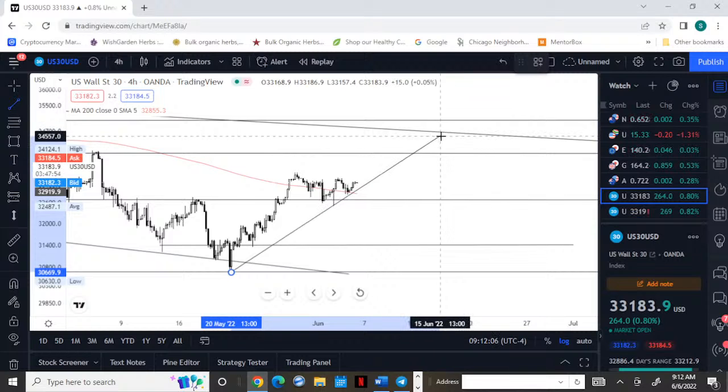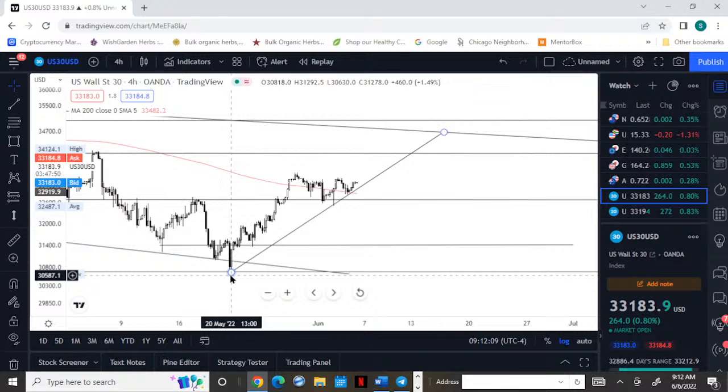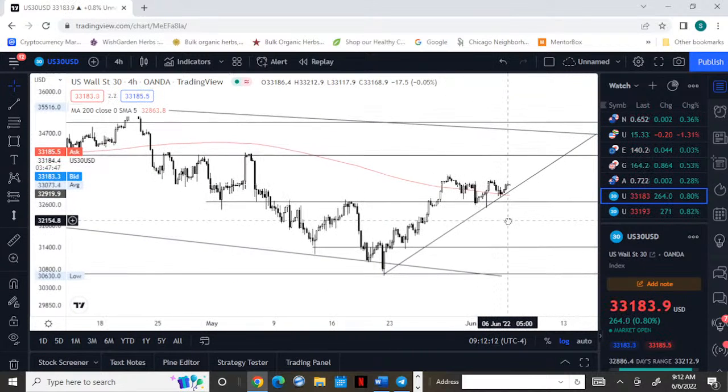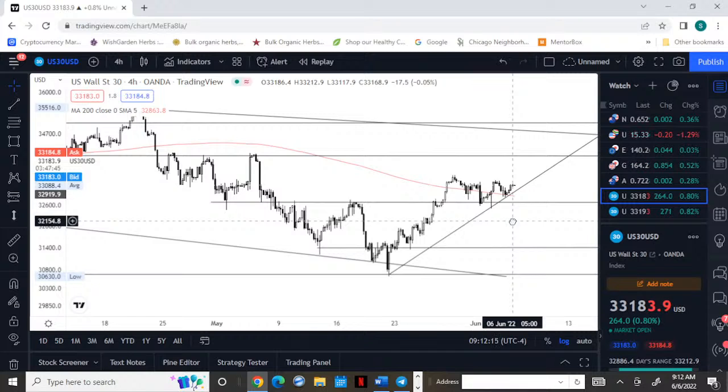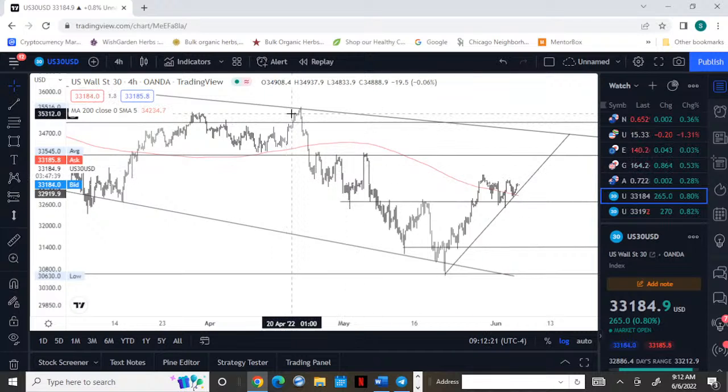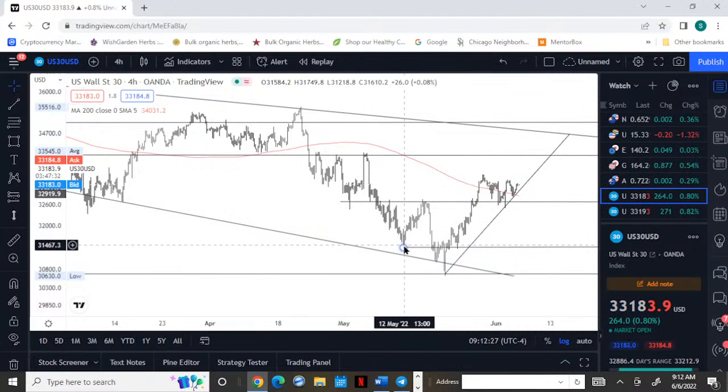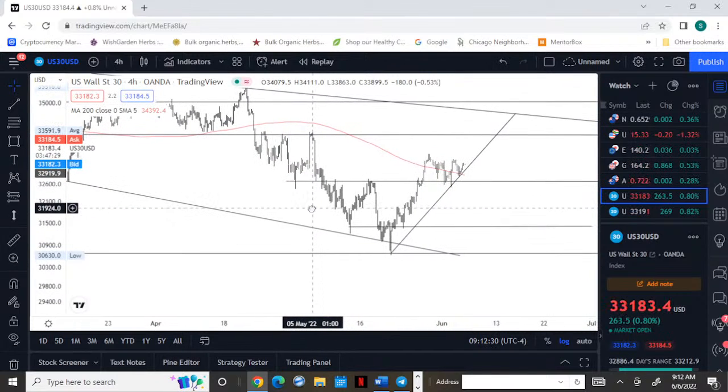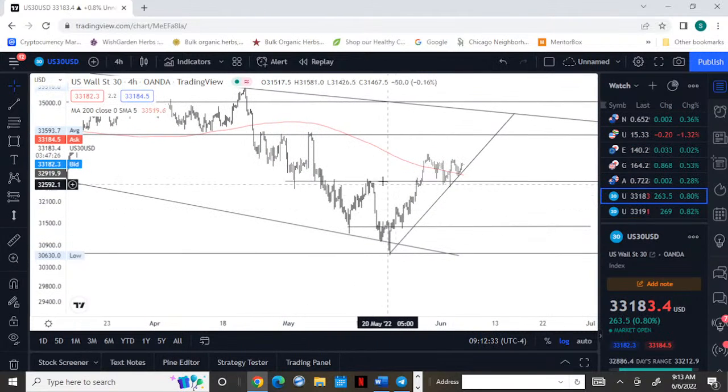We got 2 touches right here. 1, 2. Now structure wise, price was selling on the 4-hour, making higher lows and lower lows. Our last structure point was this area right here, this lower low. So it looks like price broke out and retested there. So price tested structure.